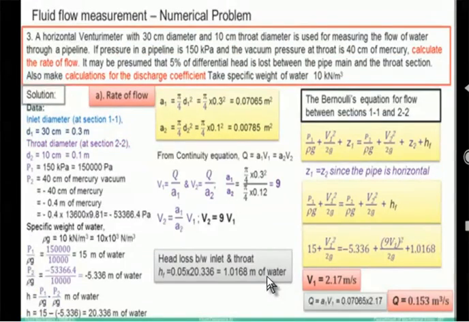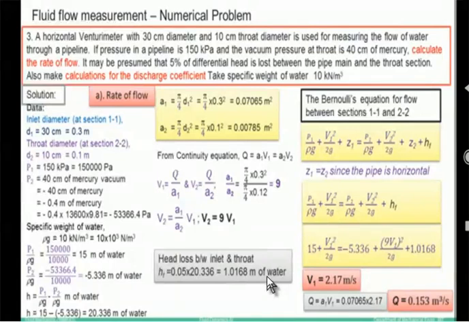So what is it from here? A horizontal venturimeter with a 30 centimeter diameter and 10 centimeter throat diameter is used for measuring the flow of water through a pipeline. If pressure in the pipeline is 150 kilopascal and the vacuum pressure at the throat is 40 centimeter of mercury, calculate the rate of flow.